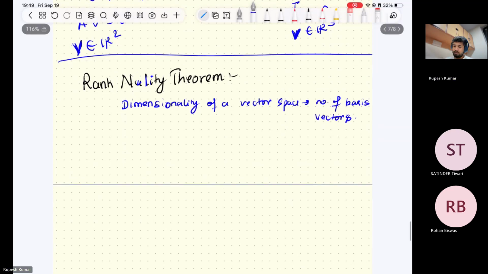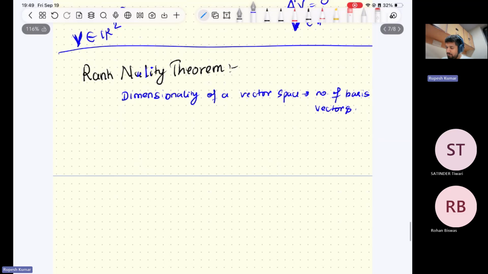Now, let's say we have a matrix A that is mapping from a domain to a range, right?